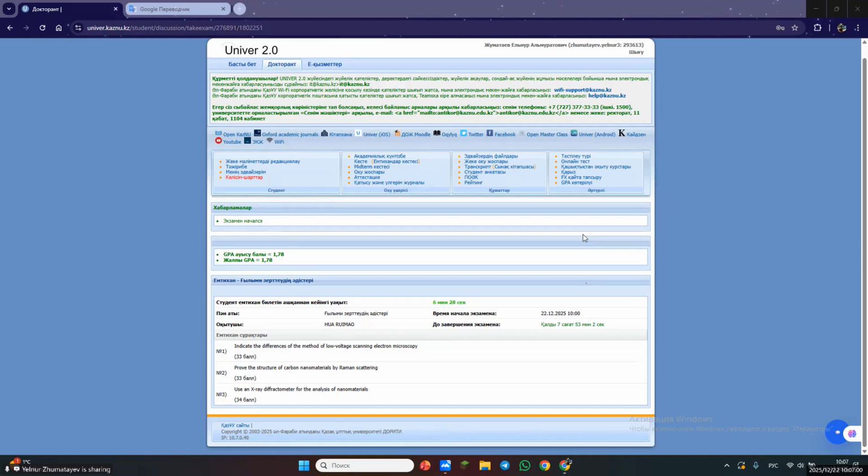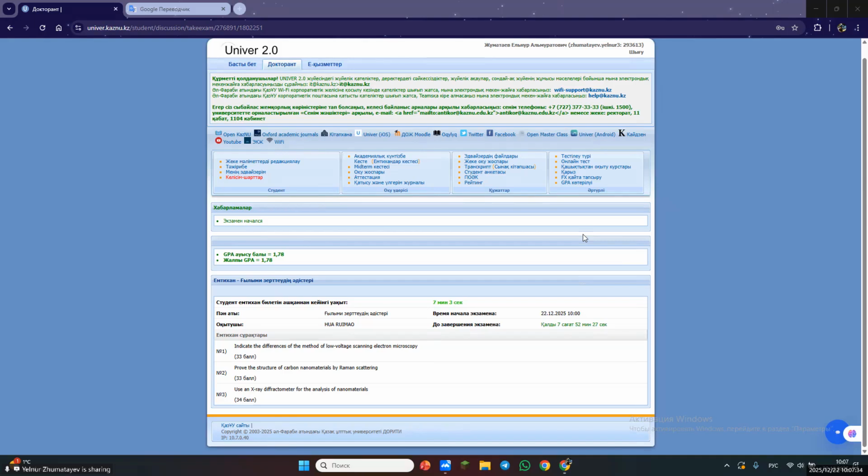Low voltage SEM operates at accelerating voltage typically below 5 kilovolts, whereas conventional SEM usually uses 10 or 30 kilovolts. The lower voltage reduces the penetration depth of the electrons into the sample and improves surface sensitivity due to the shallow interaction volume.